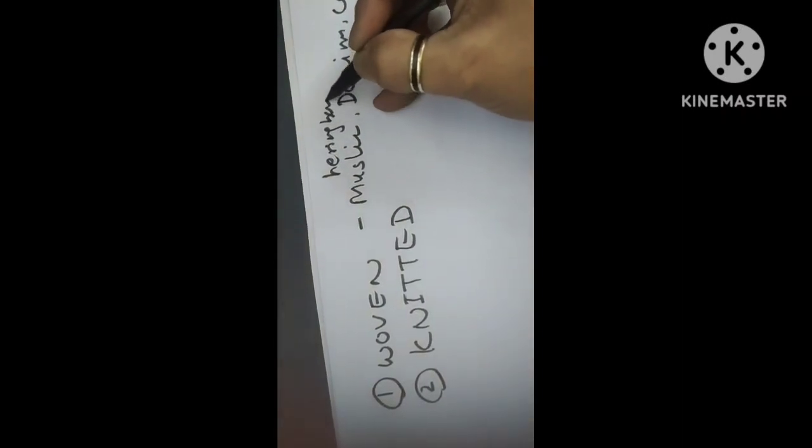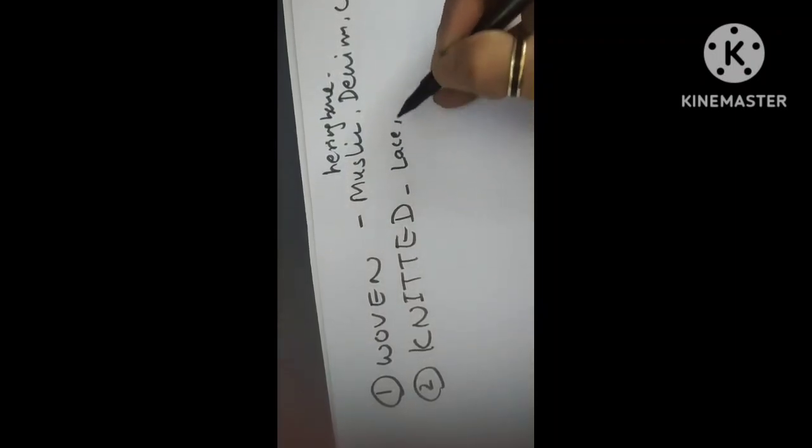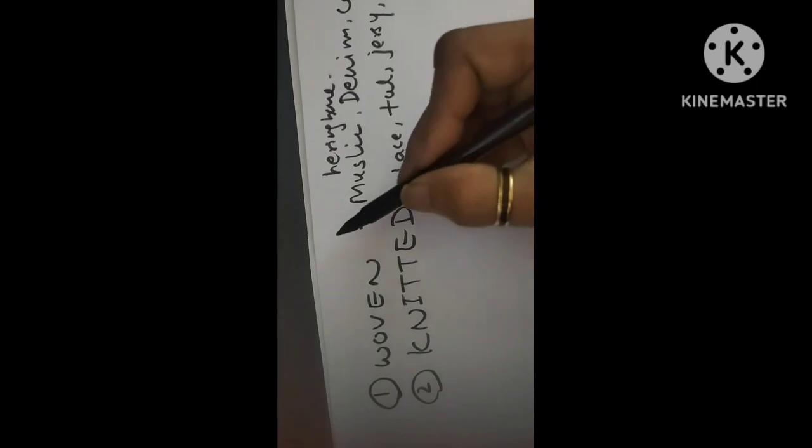I mean, any fabric which you hear is all woven fabric, whereas lace, tulle, jersey, honeycomb, polo, all these fabrics are knitted fabric.